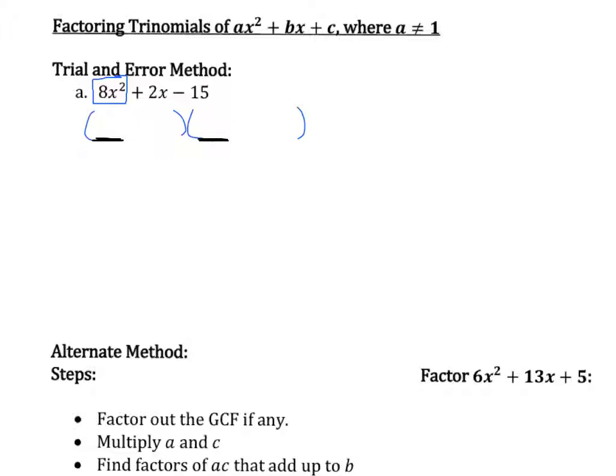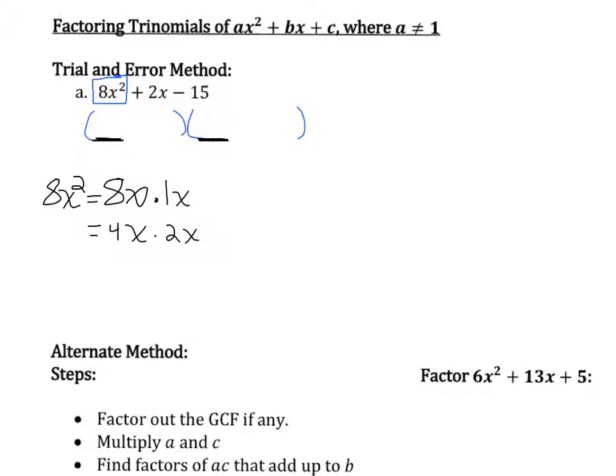If you really think about 8x squared, I'm going to come off to the side down here. I want to think of two things that I can multiply to give me 8x squared. I can multiply 8x times 1x, or I can do 4x times 2x. What that's telling me is that in these first spots, I have two options.